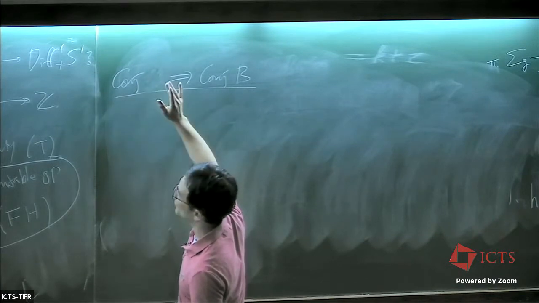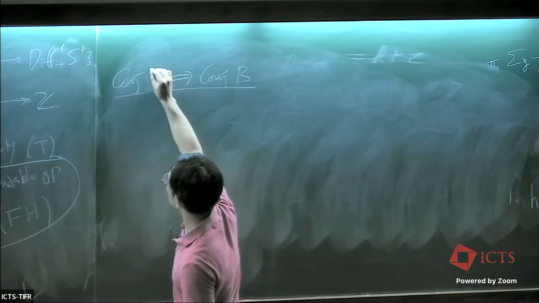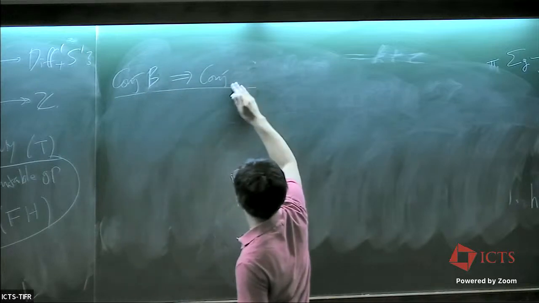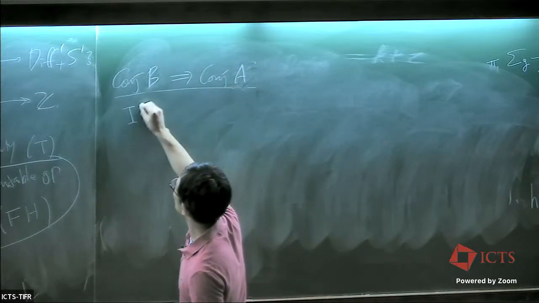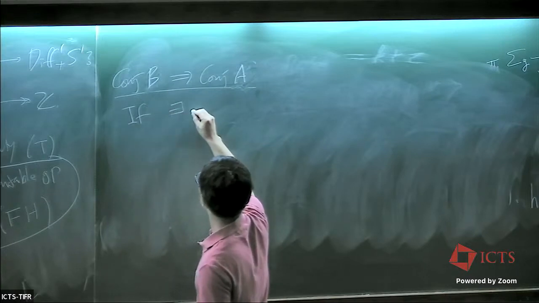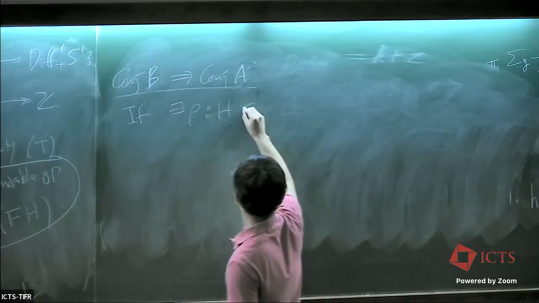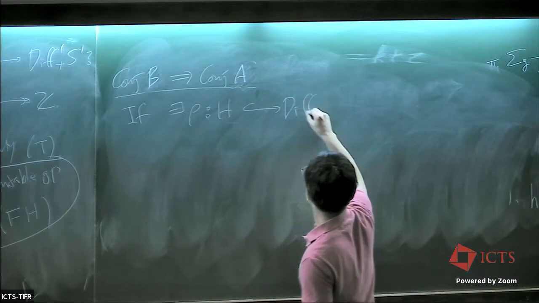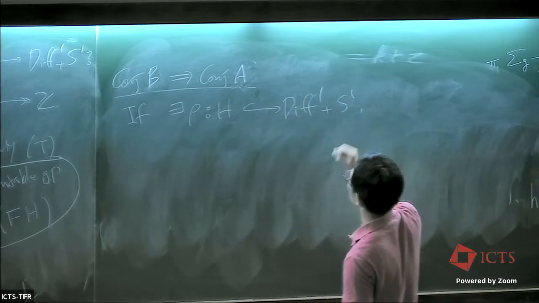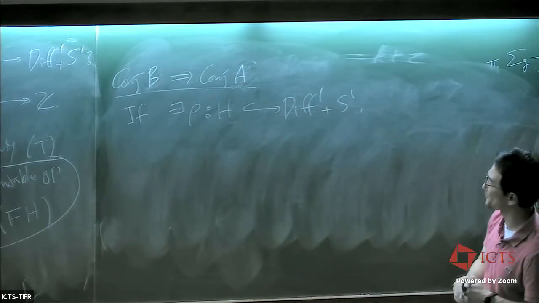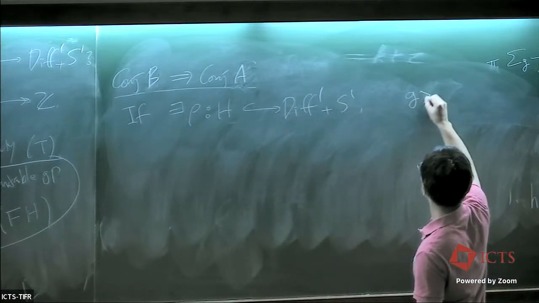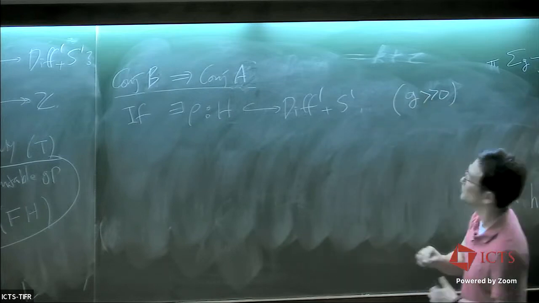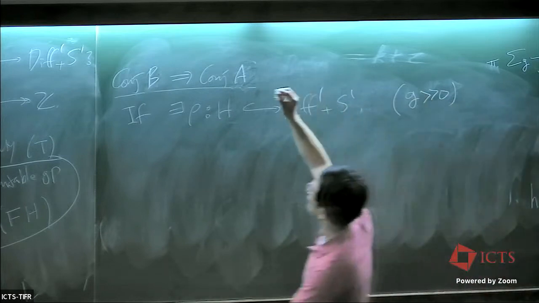Or actually, conjecture B is stronger. So if there exists an embedding of H inside Diff^1_+ of S^1 for some finite index subgroup of the mapping class group, and say assuming genus is large.